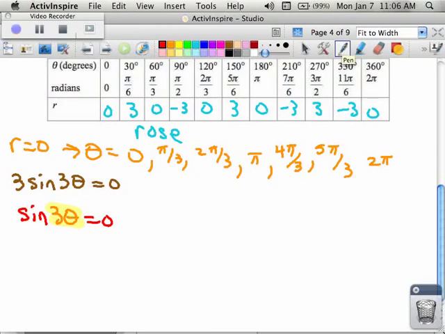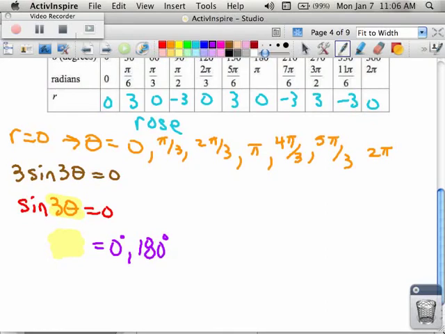In order to talk about my sine being 0, I know that that blob would be either equal to 0 degrees or 180 degrees. You could say 0 and pi radians if you want to.